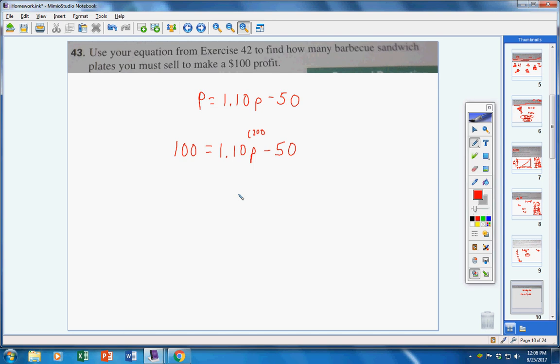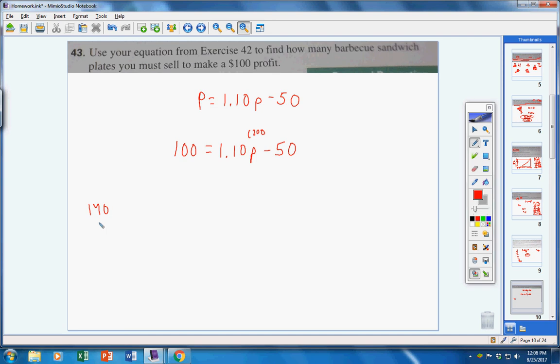Okay? So 145 times $1.10 minus 50 is 109. So I'm going to go down to 140. Alright? 140 times $1.10 minus 50 gives me 104. Okay? So I'm getting pretty close now. I'm $4 off. I'm going to try 136.